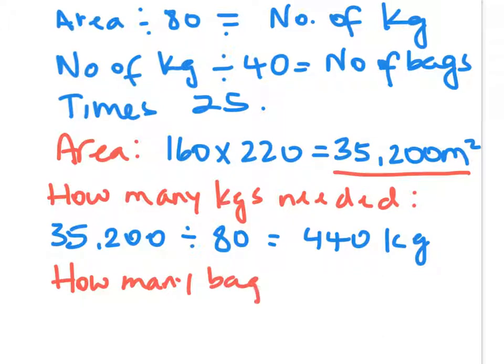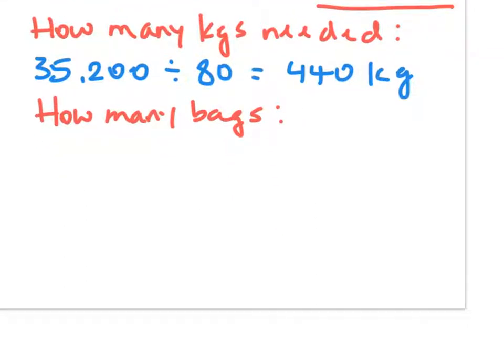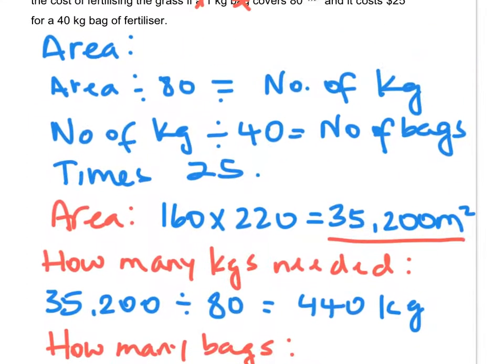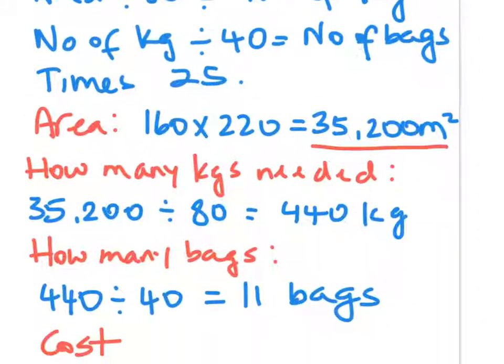Remember, they come in bags of 40. Each bag has 40 kilograms in it. So, we do 440 divided by 40. That equals 11 bags we need. And now the cost. 11 bags, and I think it said in the question that it was $25 per bag.